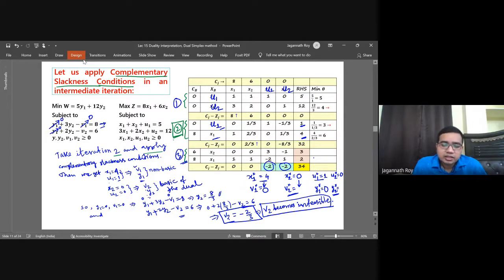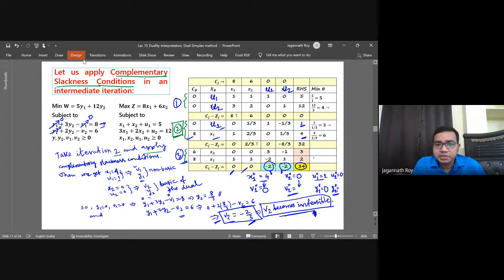But in iteration 2, the dual variable v2 was not feasible. It was becoming negative, so it is infeasible. But here, both are feasible. This is v1, this is v2, this is y1 and y2. If you multiply by a negative sign, they satisfy feasibility, and we have reached the optimal point also.